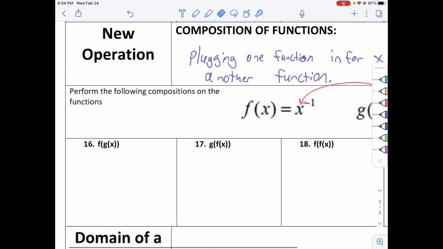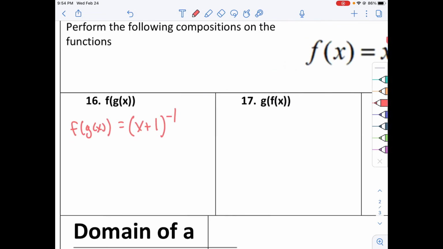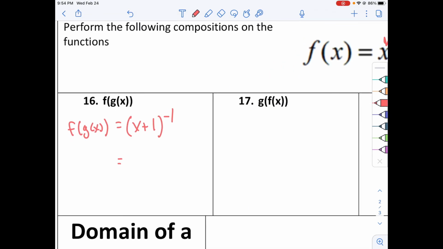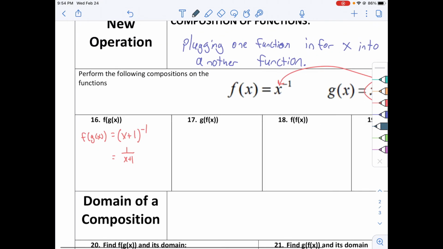So then we're literally saying f of g of x is equal to x plus 1 raised to the negative 1. Simplify that equation. That's really just 1 over x plus 1. All right, so we're just doing the compositions right now. We'll talk about the domains in a minute here.